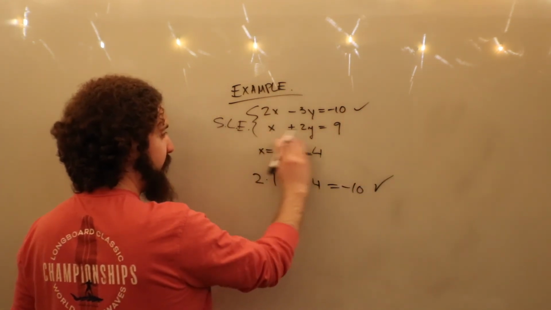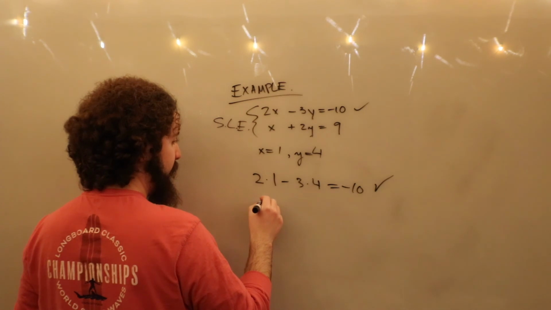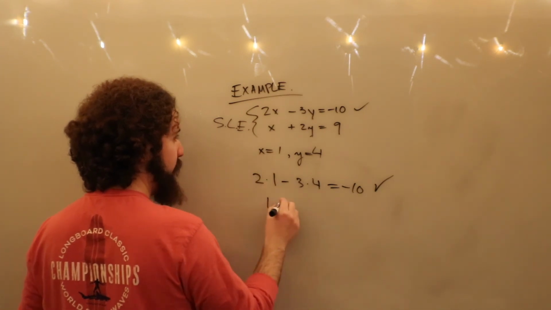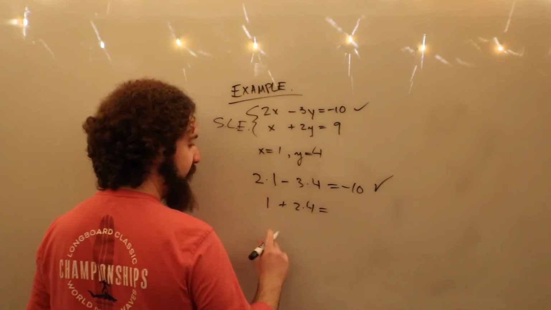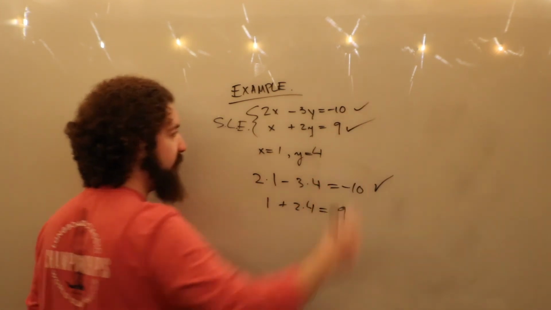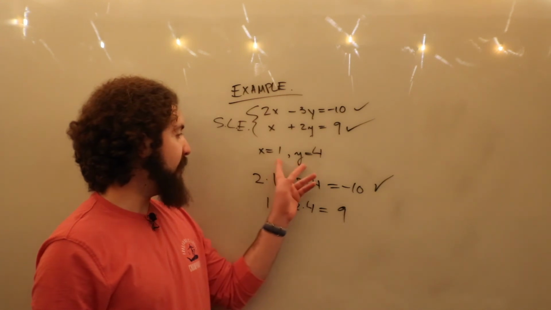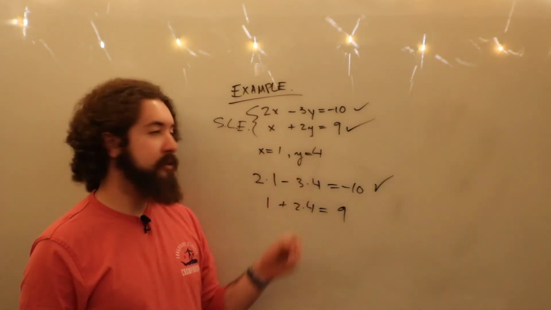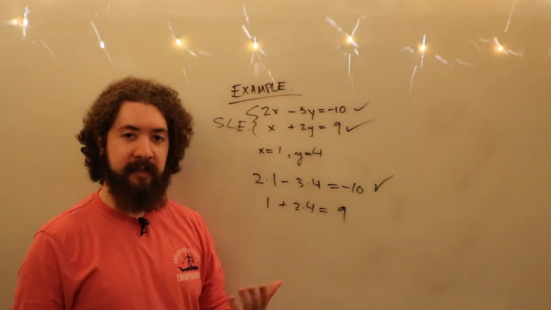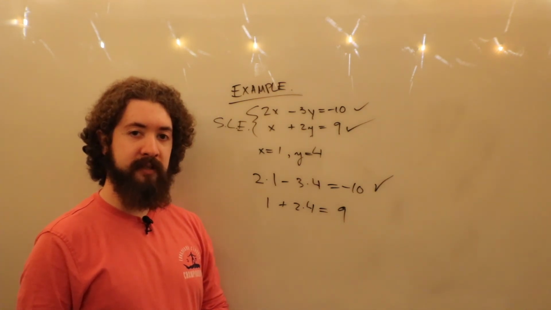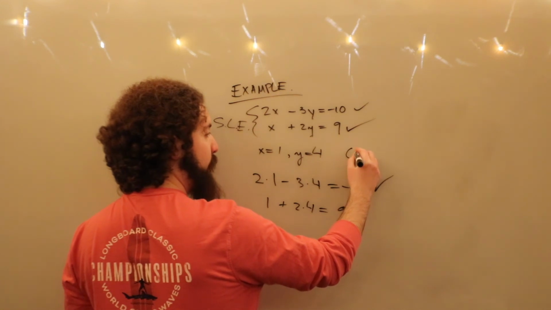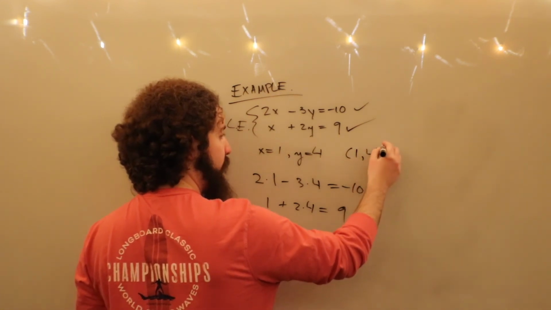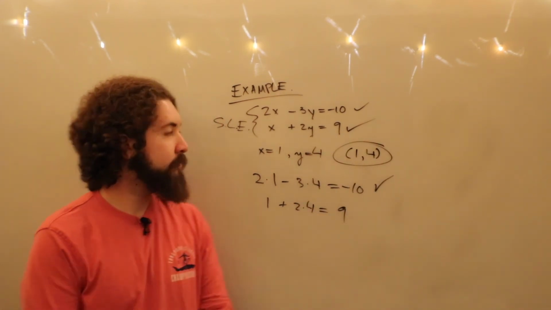Okay, now the second equation, x, which is 1, plus 2 times y, which is 4, is equal to 1 plus 8, which is 9. And we see that this pair, x and y, do satisfy both equations at the same time. This is what it means to have a solution to our system, right? And we can write it as an ordered pair (1, 4).